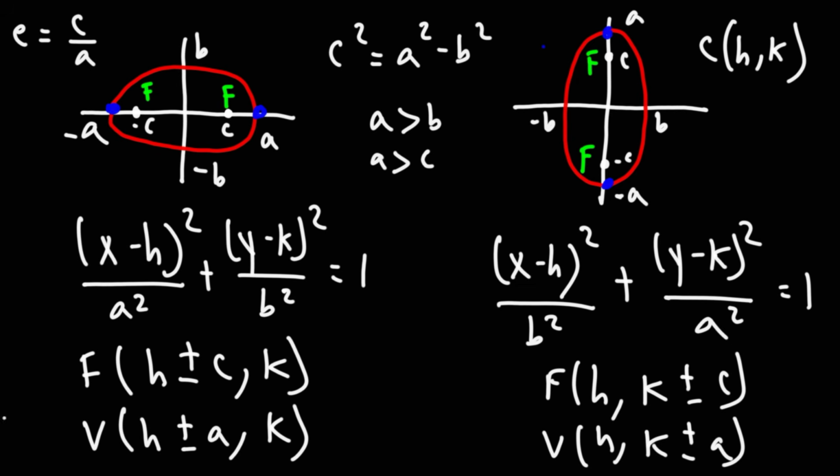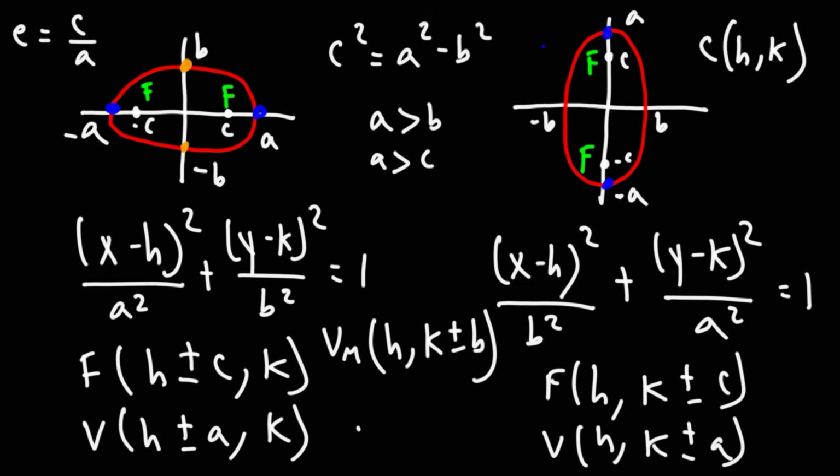Now, if you need to find the coordinates of the minor vertices, let's put VM for minor vertices. It's going to be h comma k plus or minus b. So using a different color, that would indicate these two.